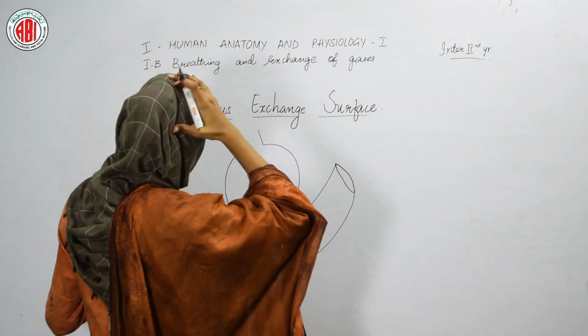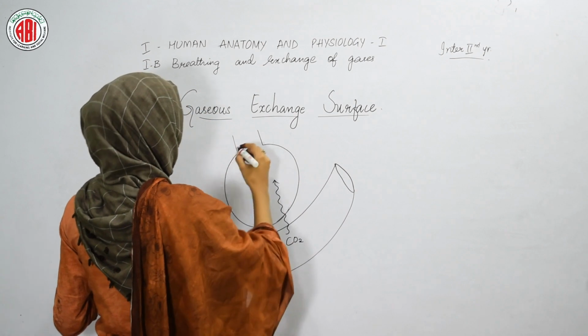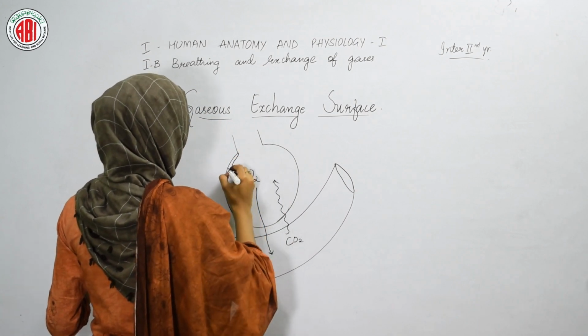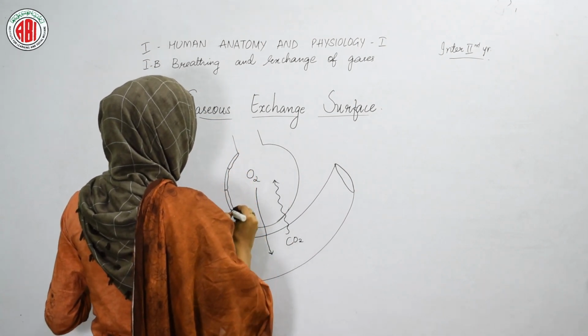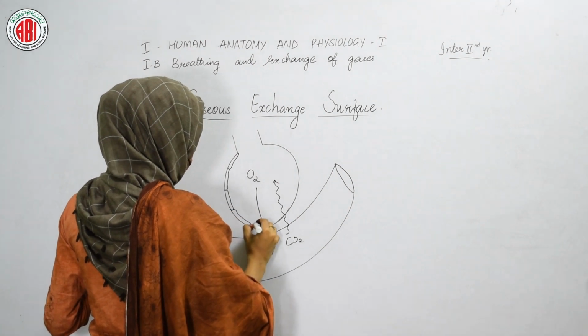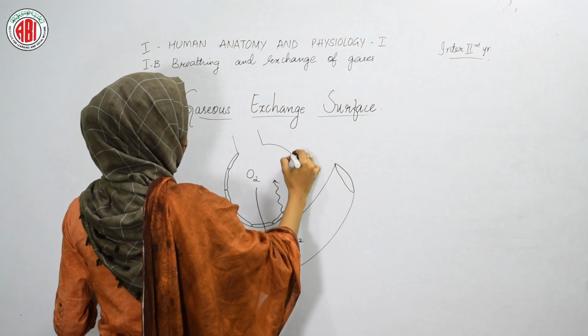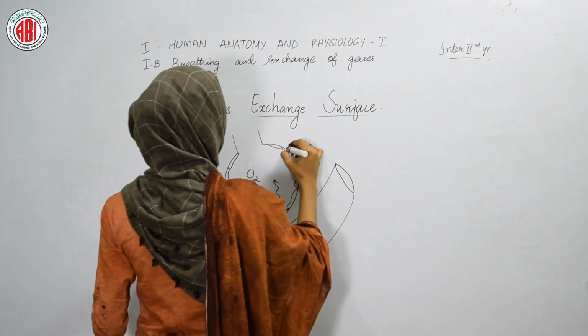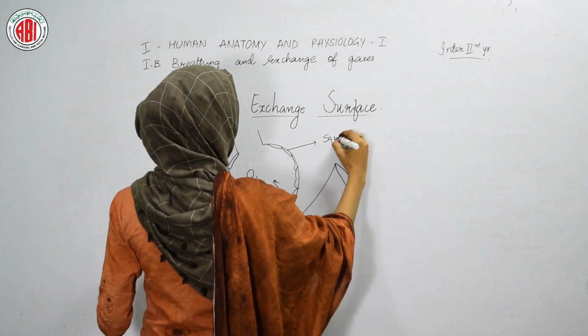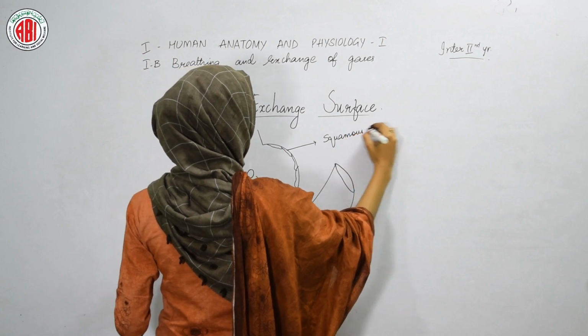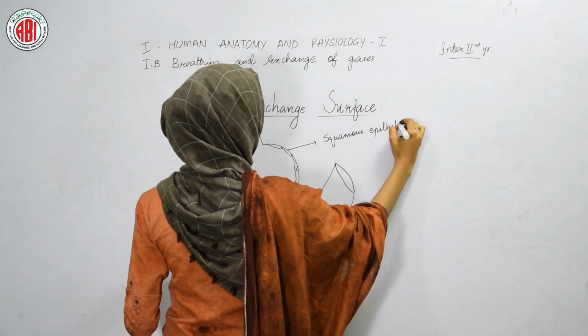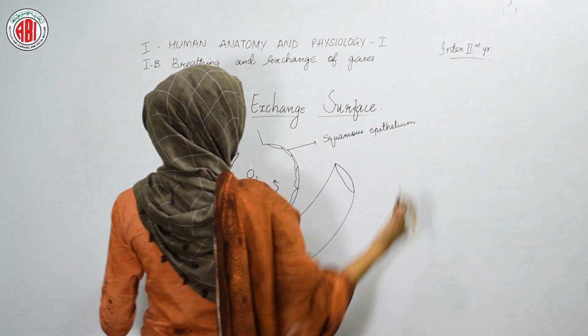It is because of the cells that are arranged at the wall of the alveoli. The alveoli are made up of different cells, but the wall of the alveoli is made up of thin cells, and these thin cells are called squamous epithelial cells, or we can name it squamous epithelium.